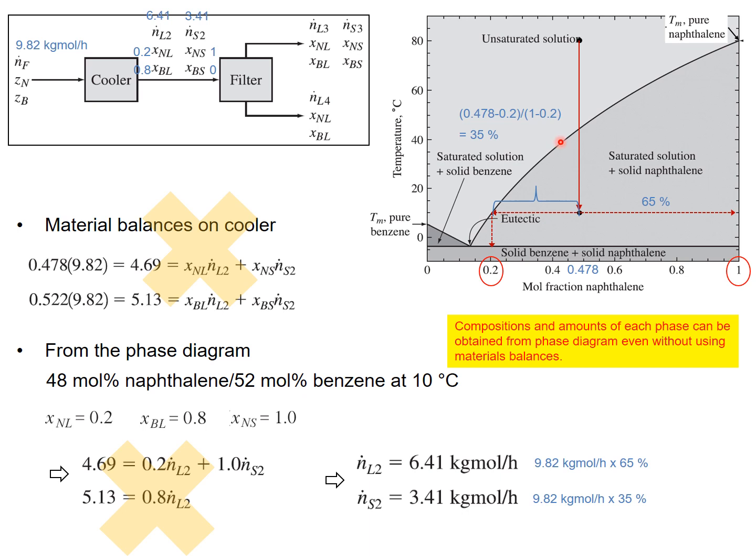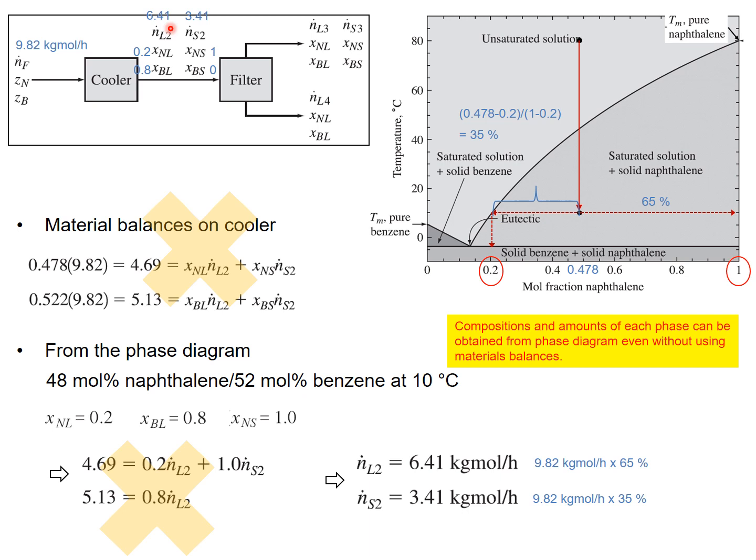As you know, the total kilogram mole for the mixture is 9.82. Therefore, 9.82 times 35% gives 3.41 kilogram mole per hour for solid. And 65% gives 6.41 kilogram mole per hour for the liquid in this stream.